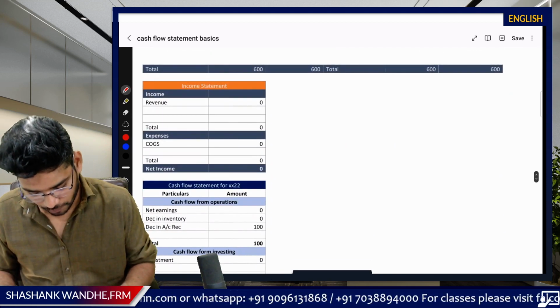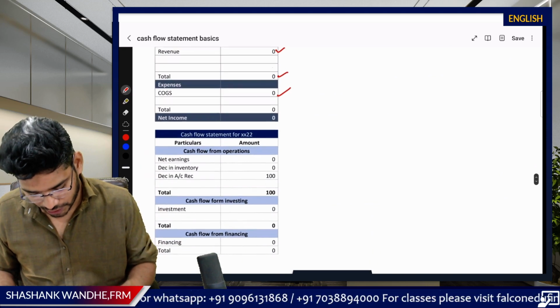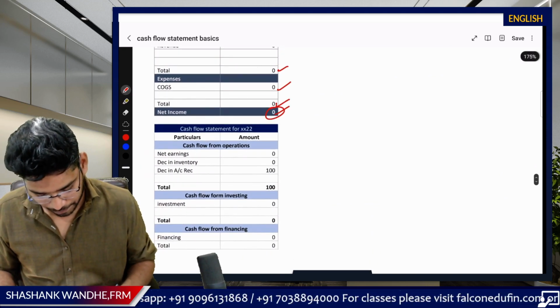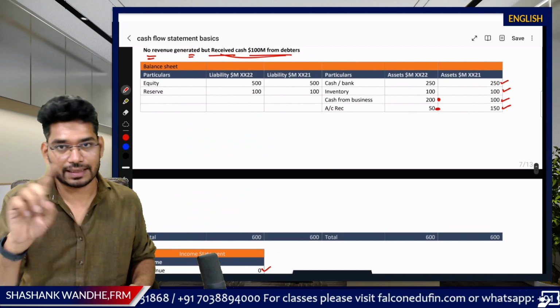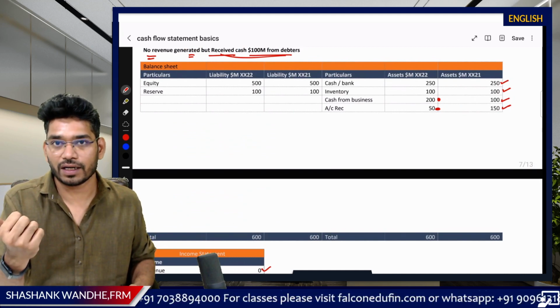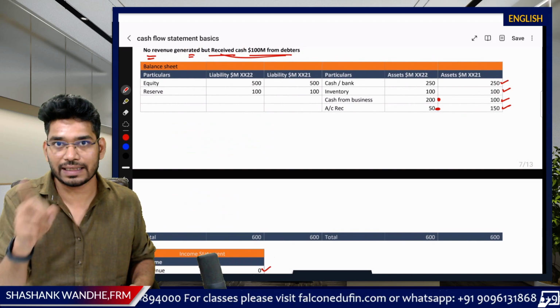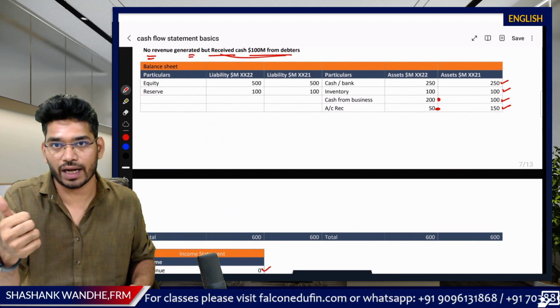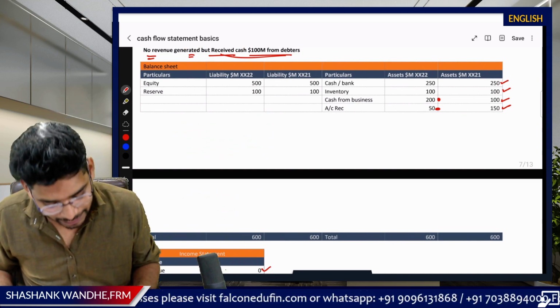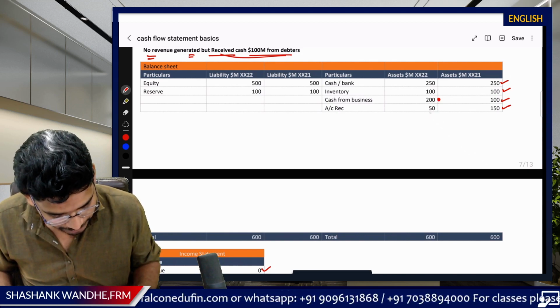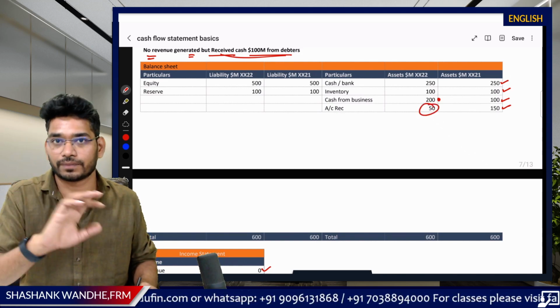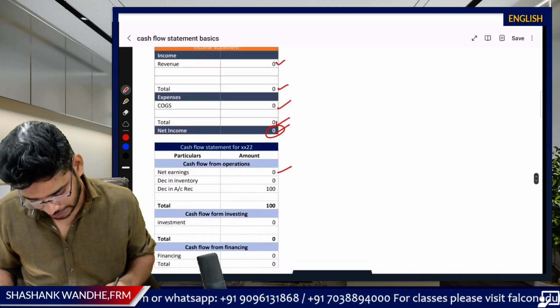Again, no revenue, no COGS, no income. We are starting with no income. Remember, increase in asset to be reduced from net income to arrive at the CFO. Decrease in asset should be added into the net income to arrive at the CFO. Decrease in account receivable, simply add it to the net income.